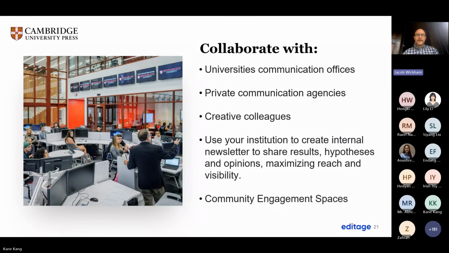And in getting the messages out about your publications, communicate with the public relations office at your university. Often after your paper is accepted by a scientific journal, there's an embargo period where the paper is in press, but it hasn't been released to the public yet.